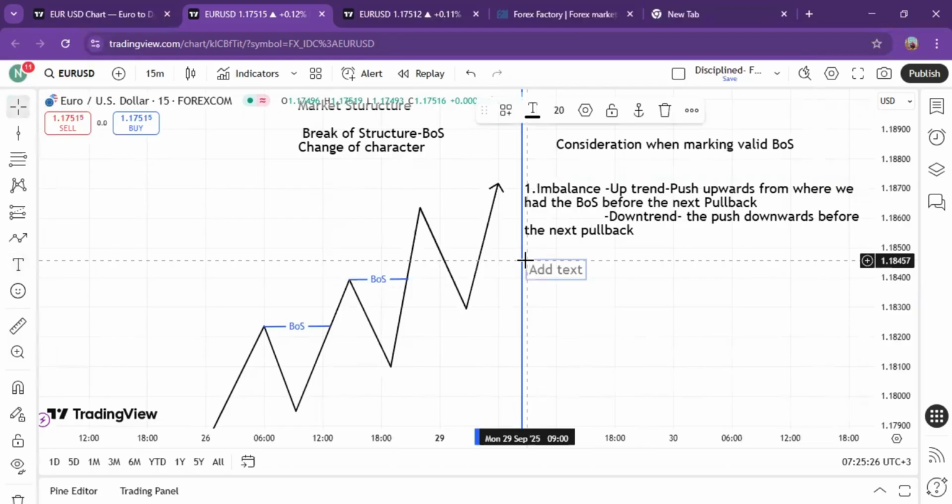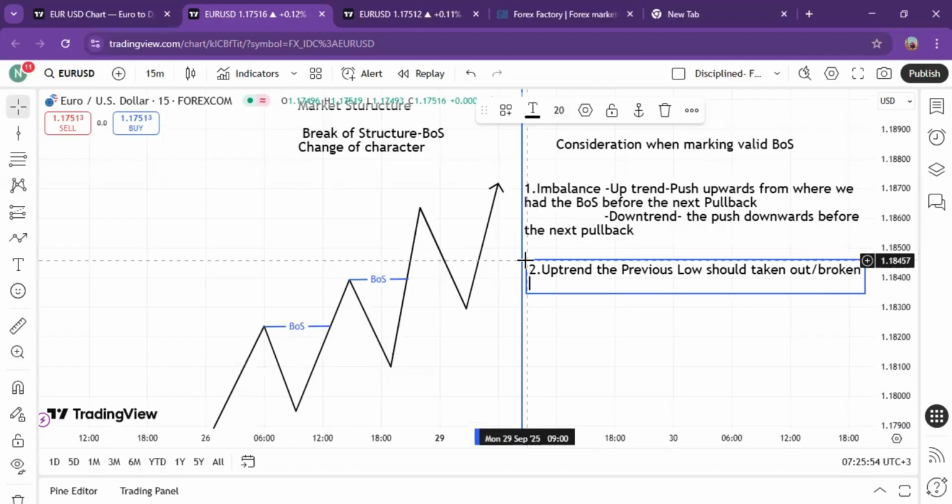Then number 2, on an uptrend, the previous low should not be taken out or broken.